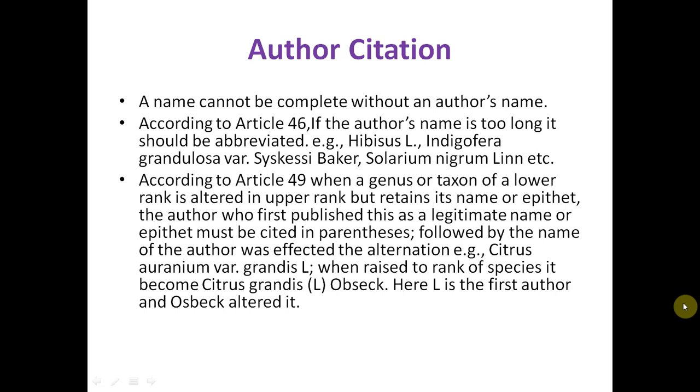Solanum nigrum Linnaeus. According to Article 49, when a genus or taxon of a lower rank is altered to a higher rank but retains its name or epithet, the author who first published this as a legitimate name or epithet must be cited in parentheses, followed by the name of the author who effected the alteration. Example, Citrus aurantium variety grandis L. When raised to the rank of species, it becomes Citrus grandis (L.) Osbeck.